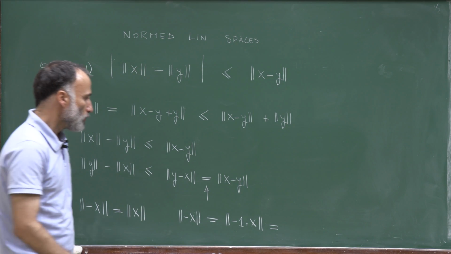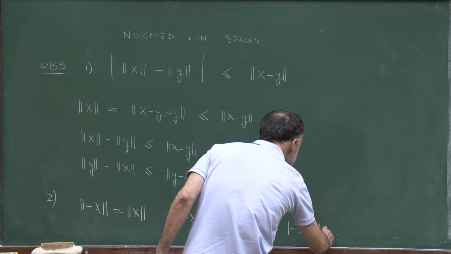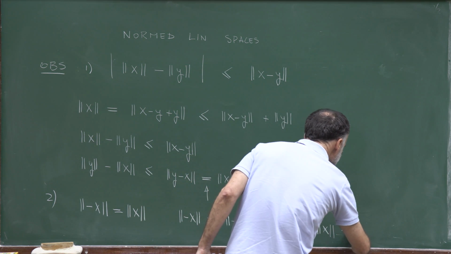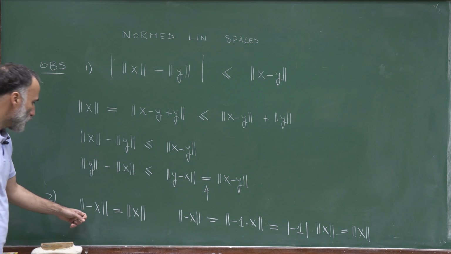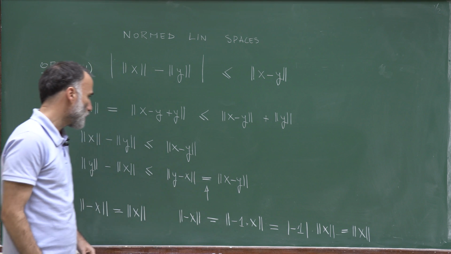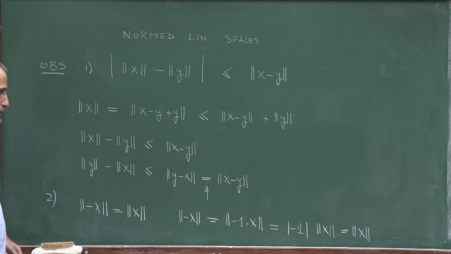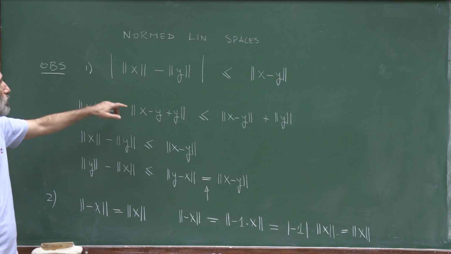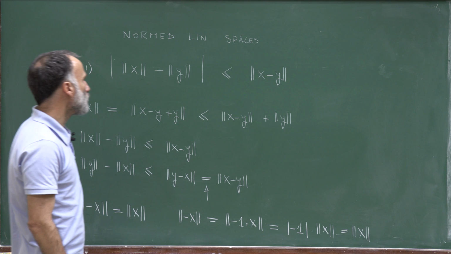By the property of the norm, this is the absolute value of minus 1 times the norm of x. And the absolute value of minus 1 is 1. So this is equal to the norm of x. So we just proved that the norm of minus x is equal to the norm of x. So this is what we are using in this inequality. And therefore, we proved these two facts: the norm of minus x is equal to the norm of x, and also the absolute value of the difference of the norms is bounded by the norm of the difference.